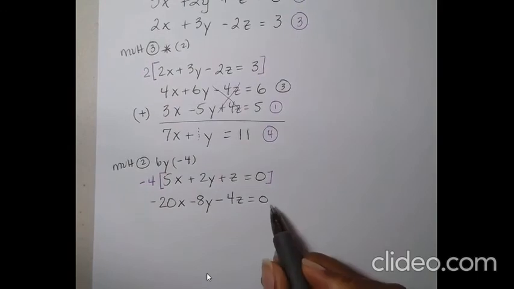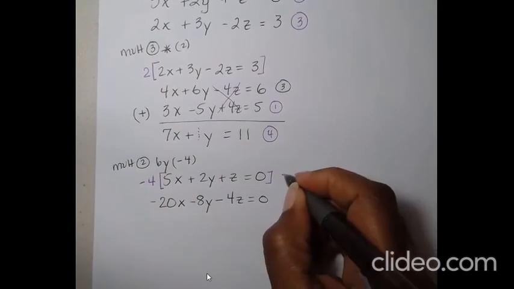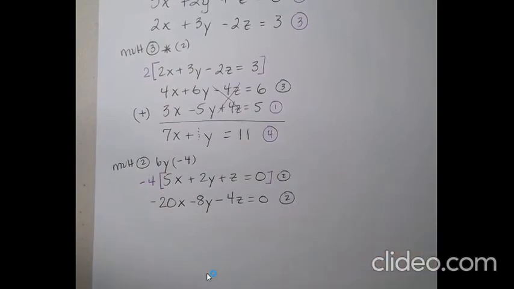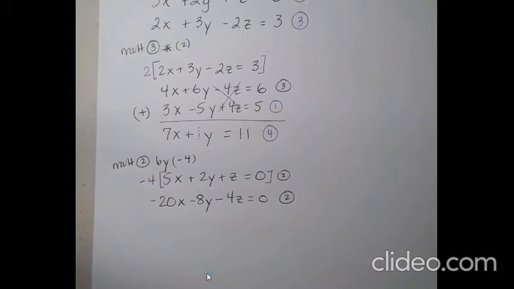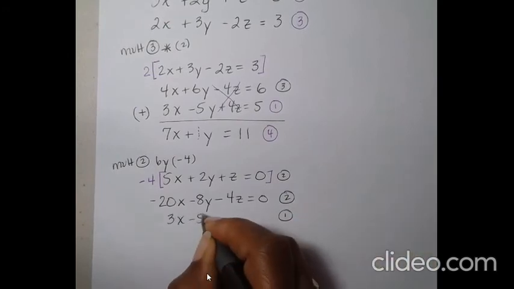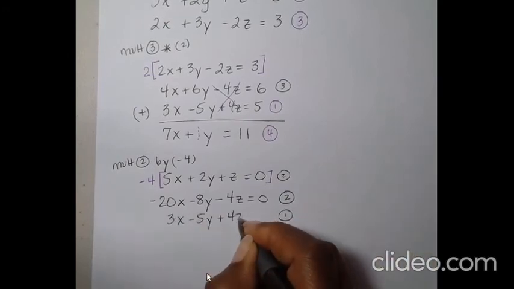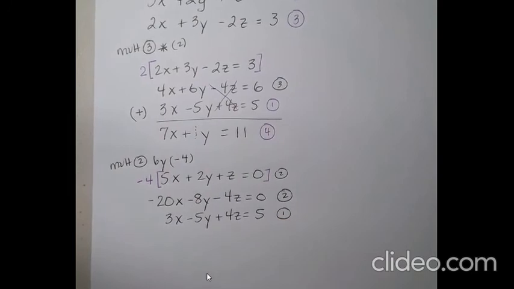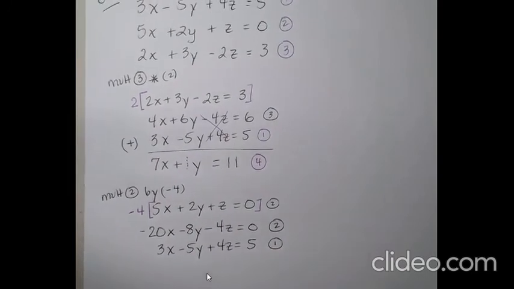This was equation 2. This is still equation 2. It's just been multiplied by negative 4. We're going to combine this with equation 1. I'm going to bring equation 1 down. 3x minus 5y plus 4z equals 5. You may be questioning, why are we doing this?